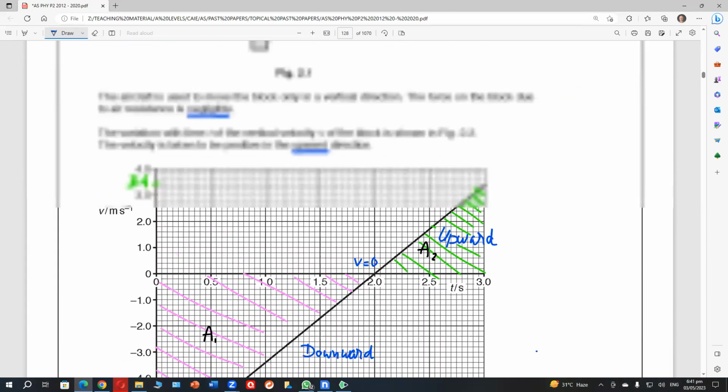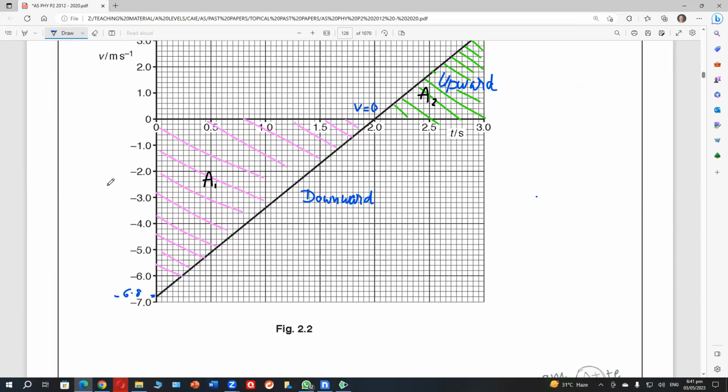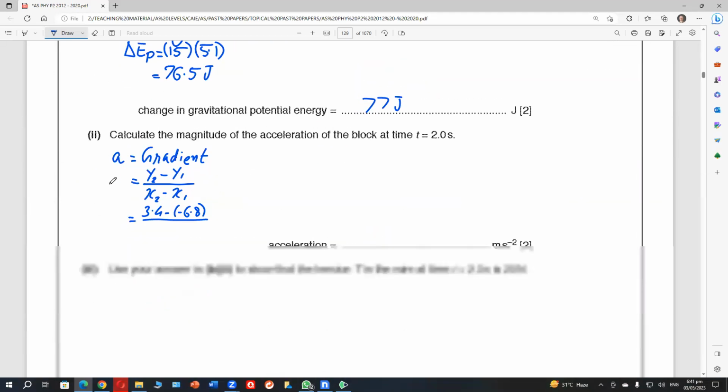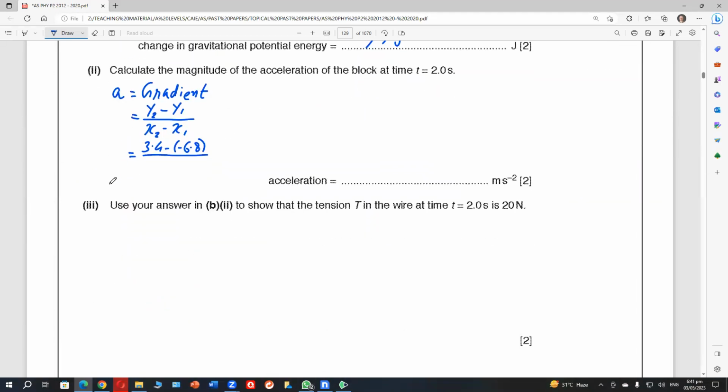And what should I take for x? 0 and 3. I'm taking the full length. It is coming as 3.4 meters per second squared.